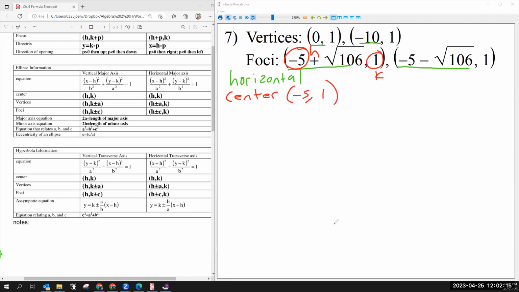Now we're trying to write the equation. Because I know it's horizontal, I know X has to come first, correct? And I know the center, so I know it's X what?